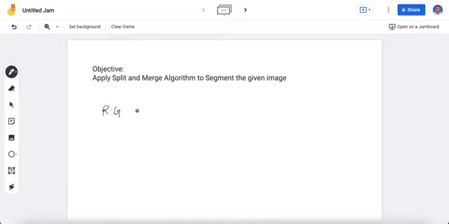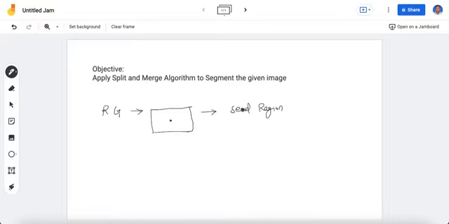So this was extended from a seed point to a seed region. Instead of selecting a seed point, they select a seed region. The image will be split into various regions, and based on that it will be segmented. This is the basic understanding, and we have to understand one more concept, the regional adjacency graph.